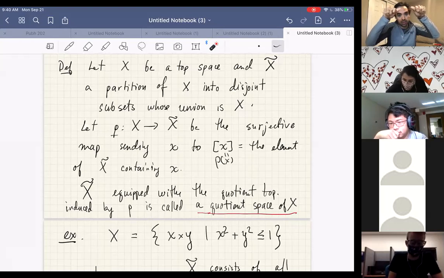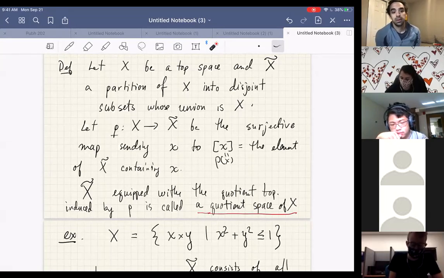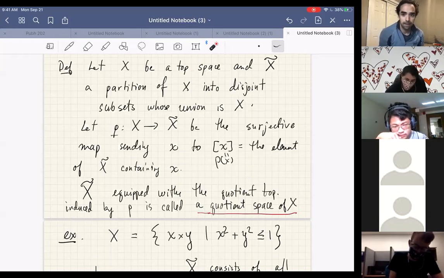And then when I take the quotient, what I'm doing is putting a topology on the set obtained by identifying those two points. That's why I'm saying that this formalizes the idea of gluing, or it can be used to describe what it means to glue two topological spaces or make certain identifications on a single topological space. Okay?